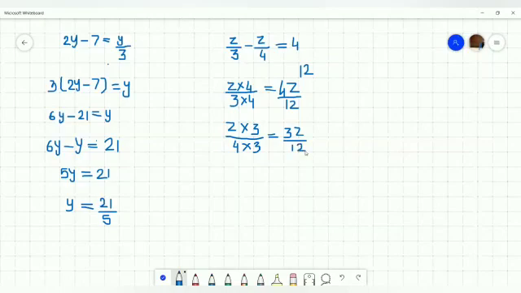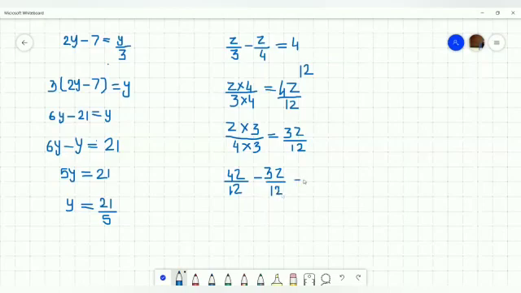Okay, so now this Z upon 3 we will write. Now we are writing left hand side again. Z upon 3 we will write as 4Z upon 12 minus Z upon 4 we will write as 3Z upon 12.